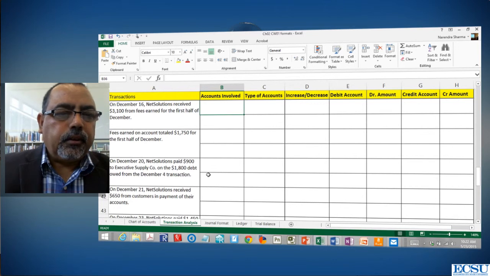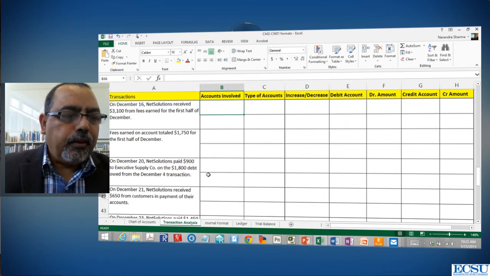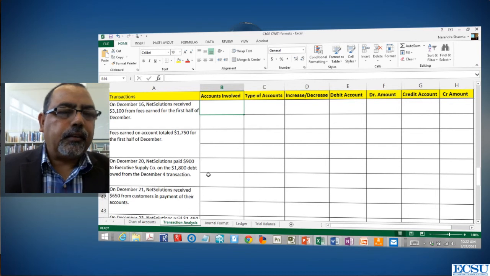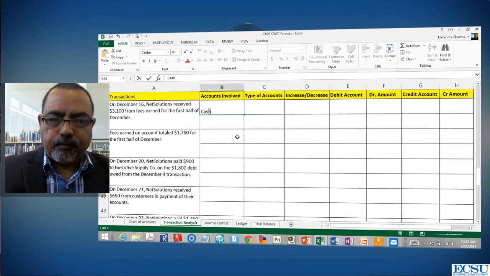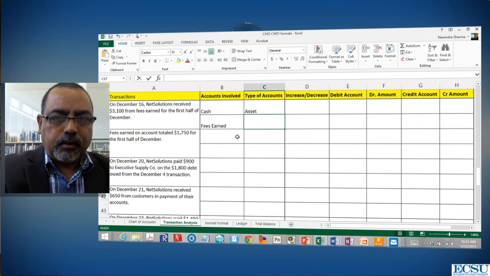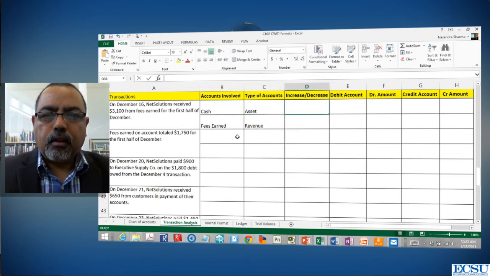Okay, next transaction is Net Solutions received 3,100 from fees earned for the first half of December. So now you have received 3,100 as fees earned. So the two accounts involved are cash account and fees earned account. Cash account is an asset account and fees earned is a revenue account.